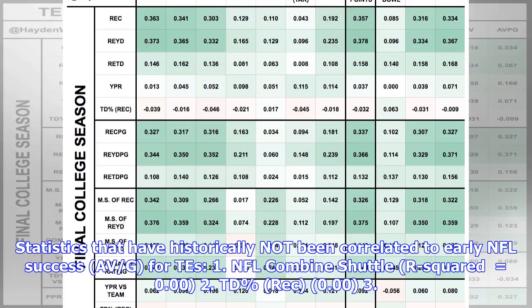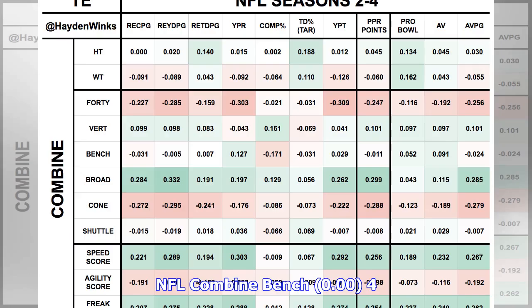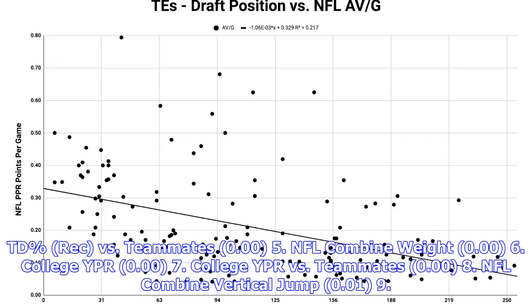Statistics that have historically not been correlated to early NFL success, AV per game, for TEs: NFL Combine Shuttle, R squared equals 0.002. TD percent of receptions, 0.003. NFL Combine Bench, 0.004. TD percent of receptions versus teammates, 0.005. NFL Combine Weight, 0.006. College YPR, 0.007.